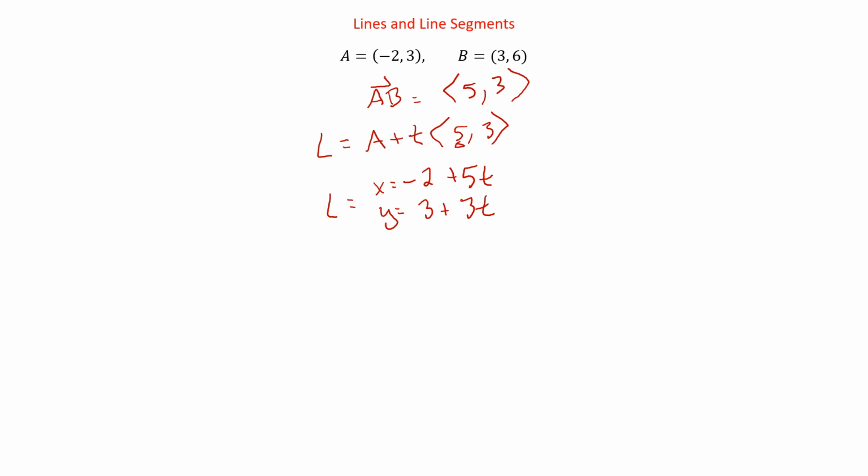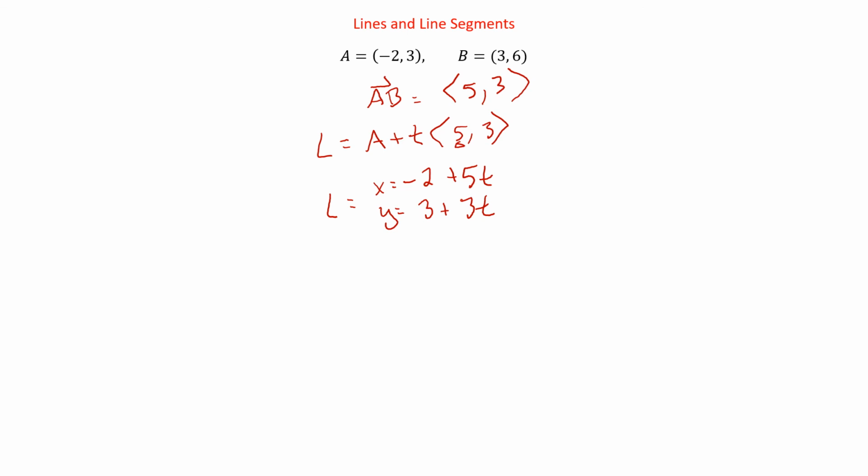With a line segment, we just have to limit our interval. So instead of t being anything from negative infinity to positive infinity, we're going to shorten it. We just need it so that when it's at one end of the interval, it equals one point, and when it's at the other end of the interval, it equals the other point. So we could plug the points in for x and y and solve for t.